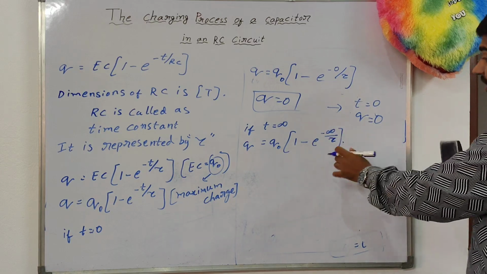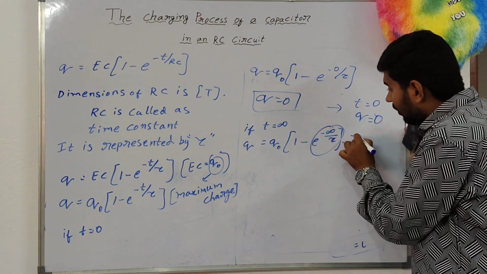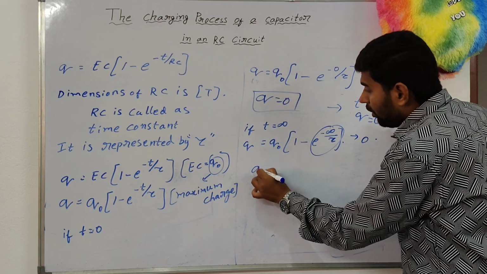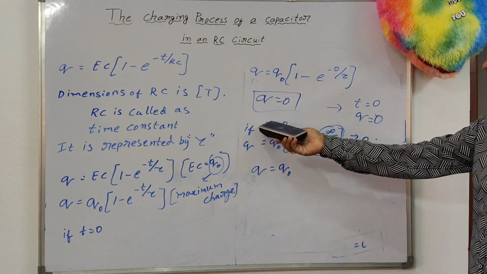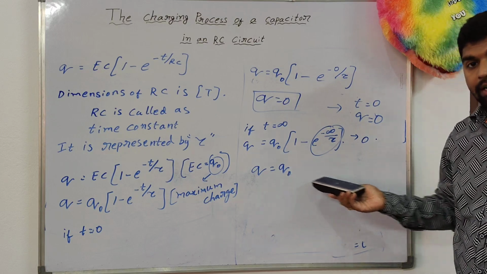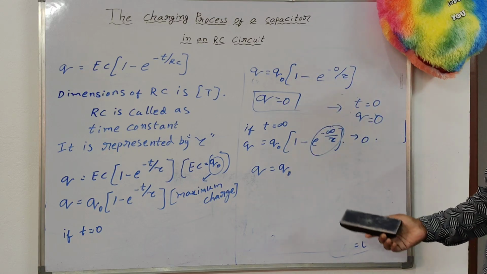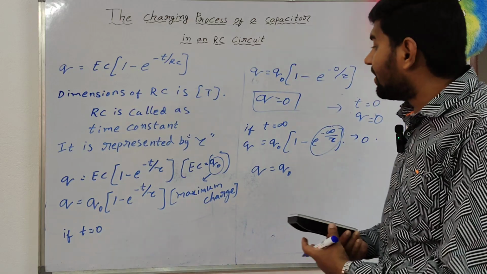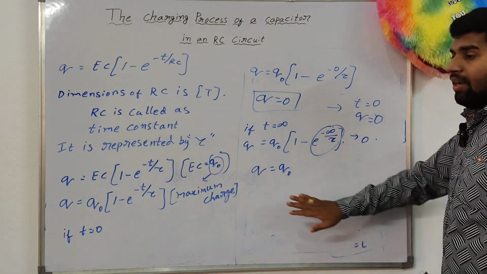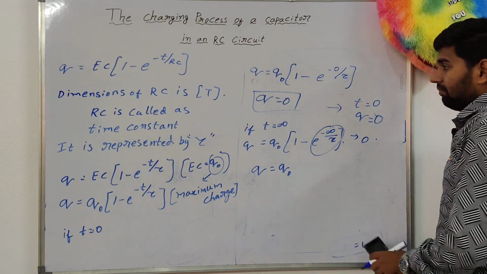E power minus infinity will become 0. The total term becomes 0, so Q is equal to Q naught. In the second case, if t is equal to infinity, Q is equal to Q naught, the maximum charge, it is also satisfied. By using this charge formula, we can find the charge at any time interval. Is that clear?